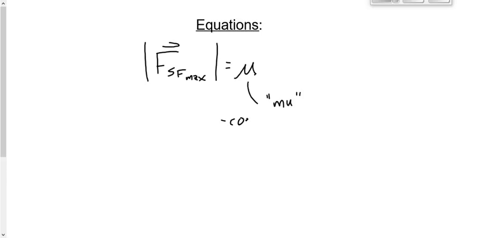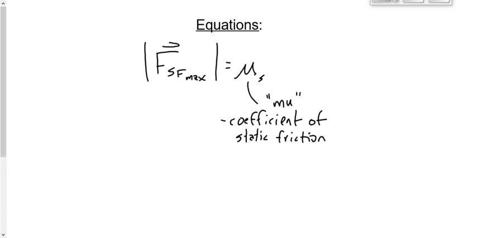And it stands for something that we call the coefficient of static friction. And the coefficient of static friction has no units. It's just a number. It's a measure of essentially how much two things stick together. The bigger the number, the more they stick together.